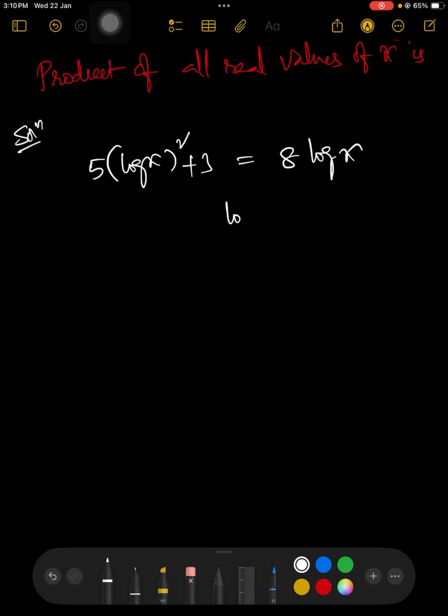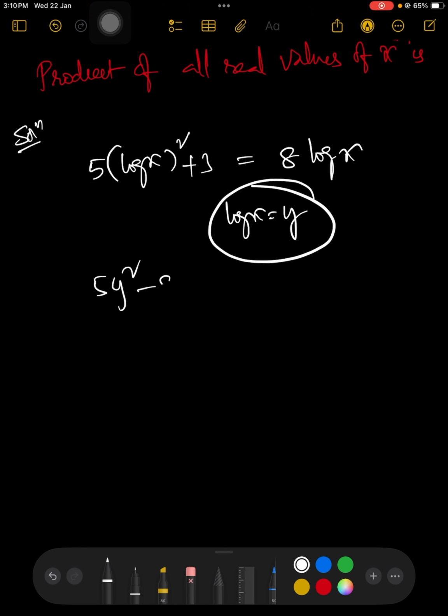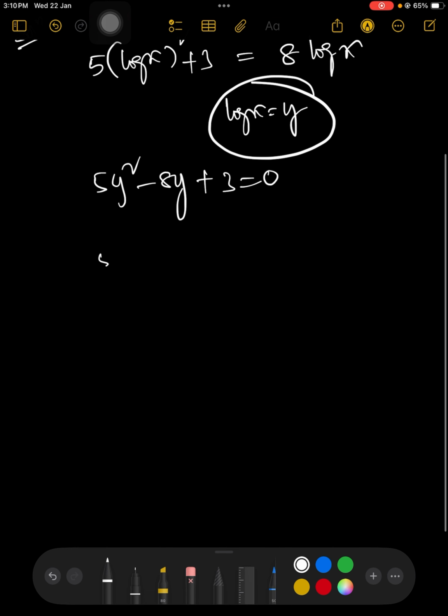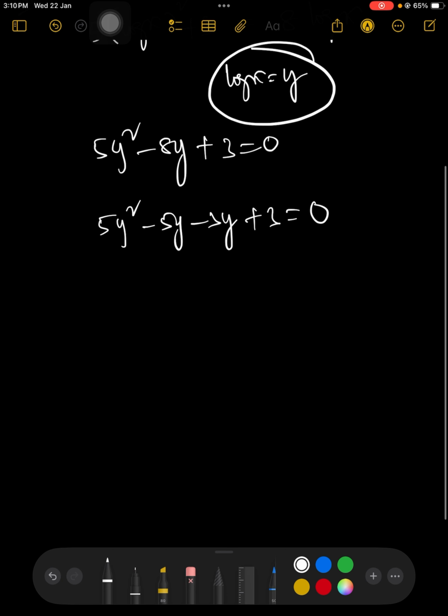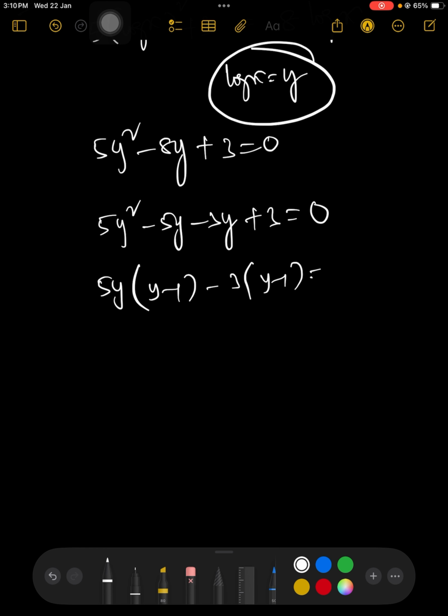Then I can say log x equals y, for suppose, then 5y square minus 8y plus 3 equals 0. So that is 5y square, that is 15, we can say minus 5y minus 3y plus 3 equals 0, right? Then we can say 5y common, then y minus 1, and minus 3 common, y minus 1 equals 0.